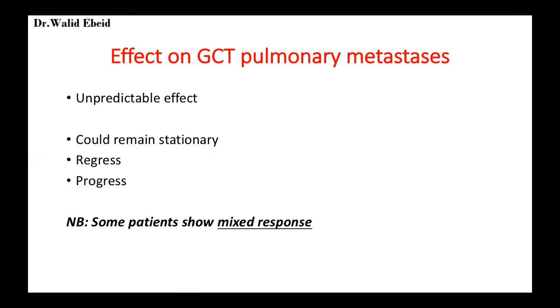And in some cases, we've seen mixed response. Like some of these pulmonary nodules might disappear, and at the same time, others would appear. And there is no explanation for that. However, in the majority of cases, giving denosumab for metastatic giant cell tumor has been very useful.